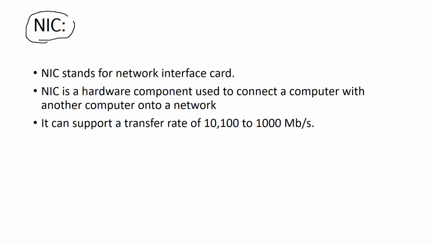NIC stands for Network Interface Card. This is a hardware component which is used to connect a computer with another computer onto a network. So its purpose is connecting a computer with another computer onto a network. It's a link between a computer and the network, the NIC, or the Network Interface Card.